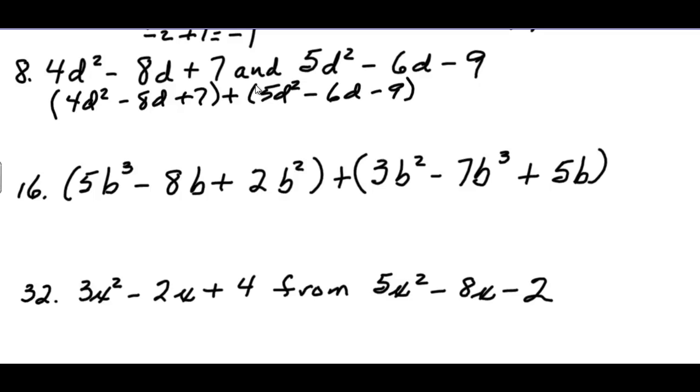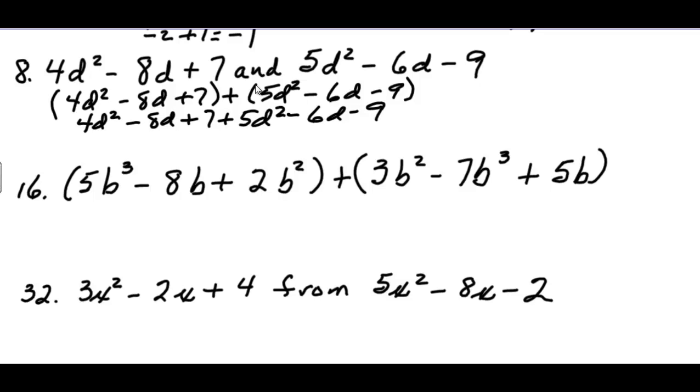Because we're just adding it, all we have to do now is remove the parentheses. 4d squared minus 8d plus 7 plus 5d squared minus 6d minus 9. And then we combine like terms.